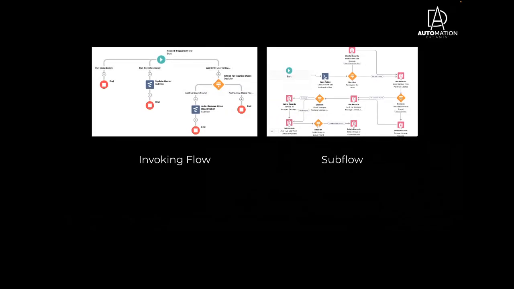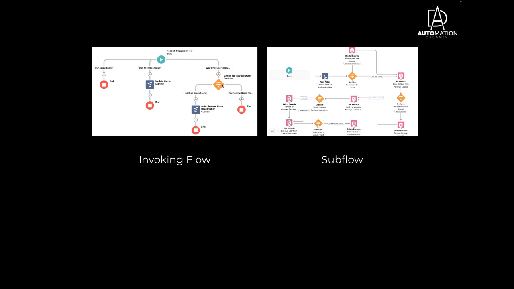We've got a parent flow or invoking flow on the left, and a child flow or subflow on the right that is invoked or called by the flow on the left. The parent flow or invoking flow does a few different things. This branch over here is not relevant for our purposes right now, so you can just ignore this branch here.